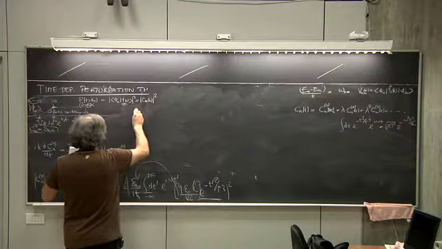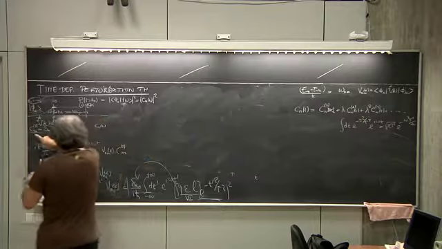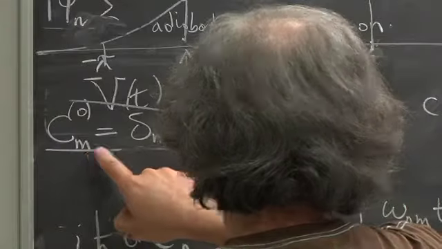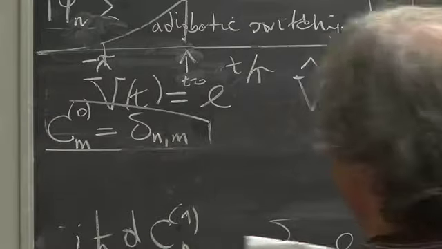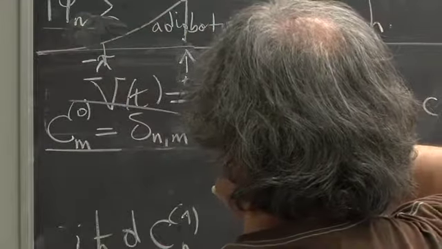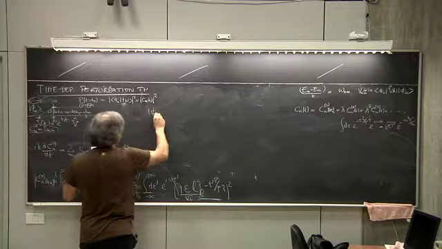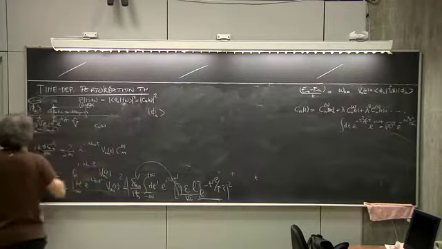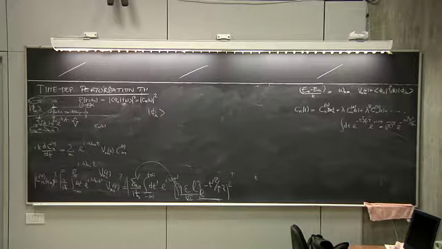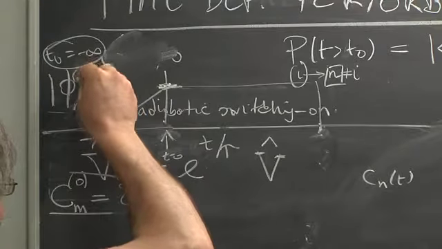Okay, so I would have C0 would give me the phi n. By the way, last time when we did time-independent perturbation theory, we added an extra 0 here.